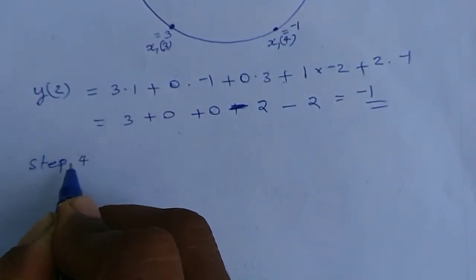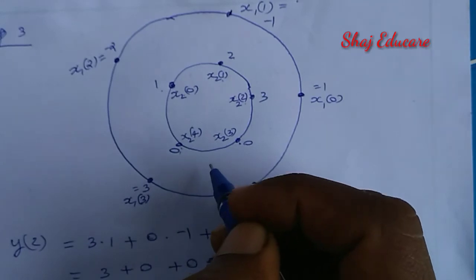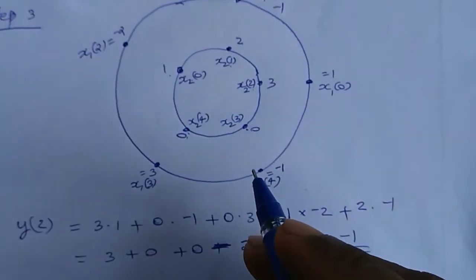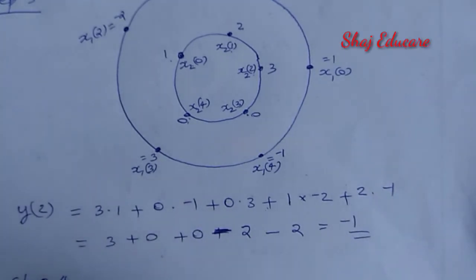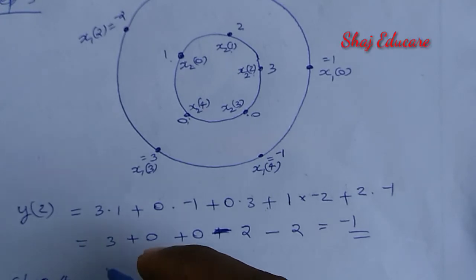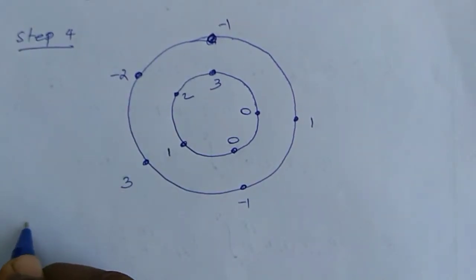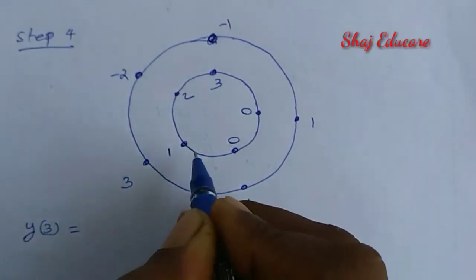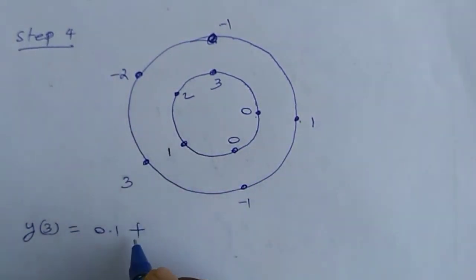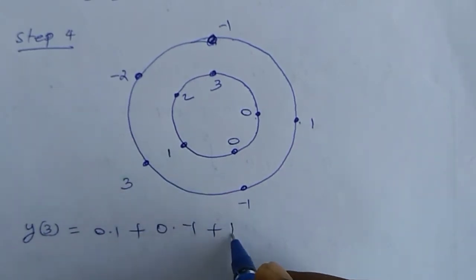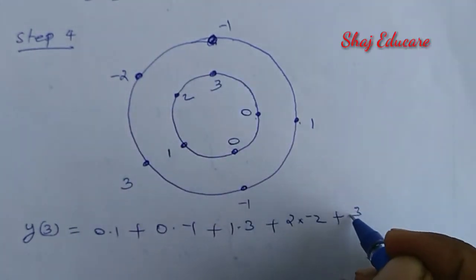in the next step, again rotate the inner circle by one sample and repeat the same procedure. I'm not going to explain, I'm just going to draw and I will be finding y of 3 and obtain corresponding sample y of 3 by multiplying and adding corresponding samples. 0 into 1 plus 0 into minus 1 plus 1 into 3 plus 2 into minus 2 plus 3 into minus 1.